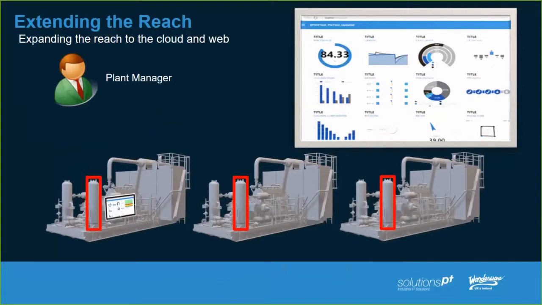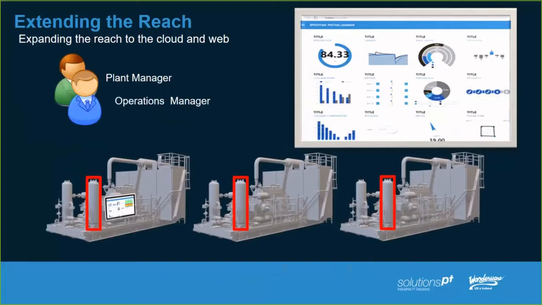What about plant managers? They might want to see different or additional KPI information. Your plant manager might want to see information about what's going on in the process, what the stock levels are, what the running costs are for the pieces of equipment. What about operational teams, operational managers?